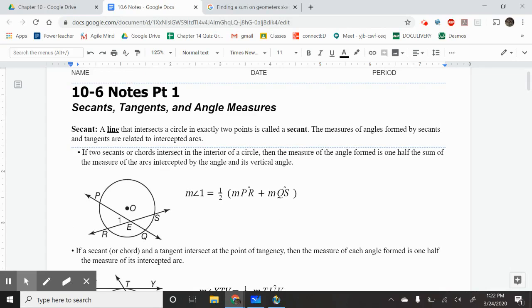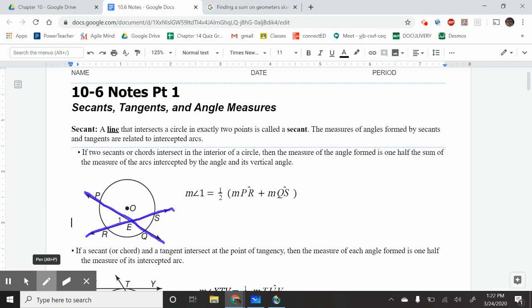Let's go to the notes and notice here we have circle O with secants PQ and RS, and they are intersecting inside the circle.